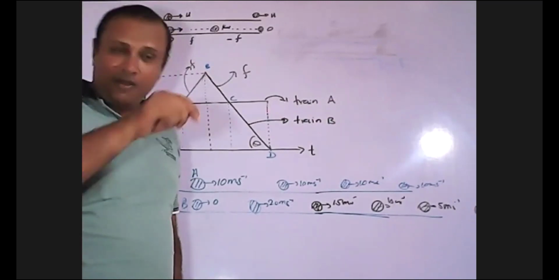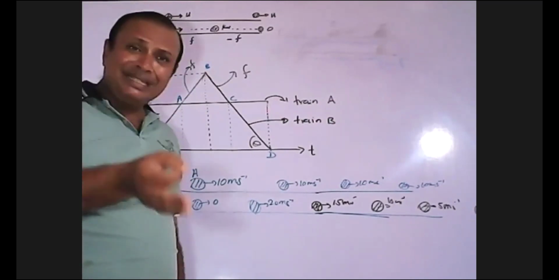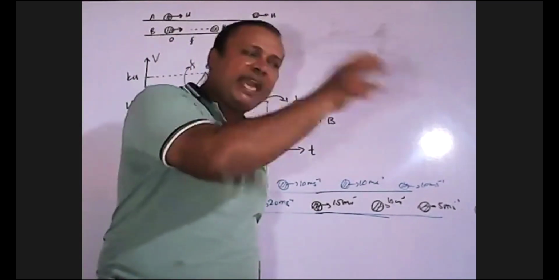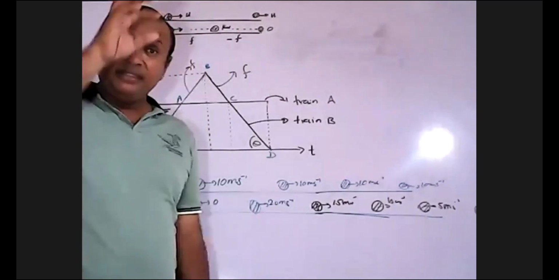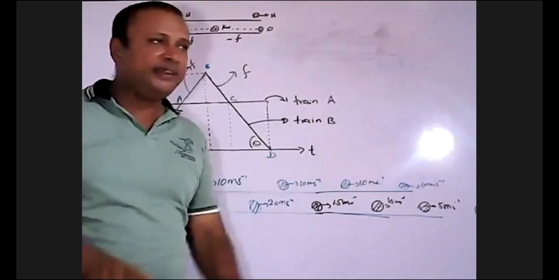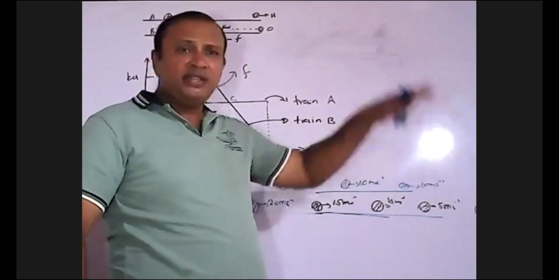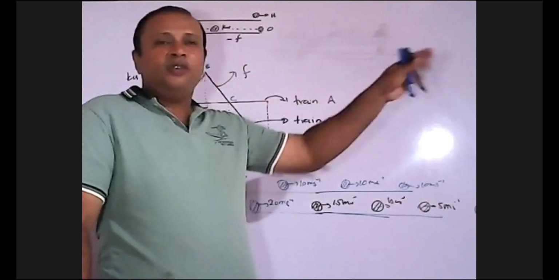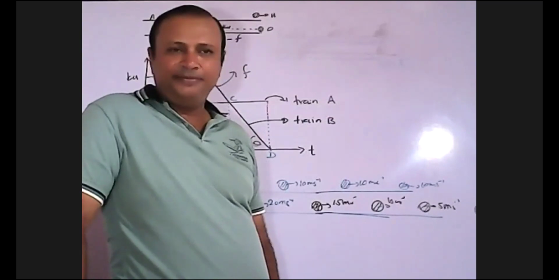Okay. So according to that argument, if you want to overtake any vehicle, the speed of your vehicle should be greater than the other vehicle. Otherwise, you cannot overtake that vehicle.